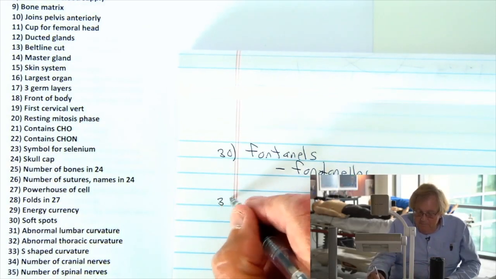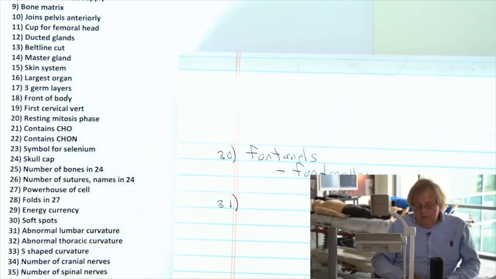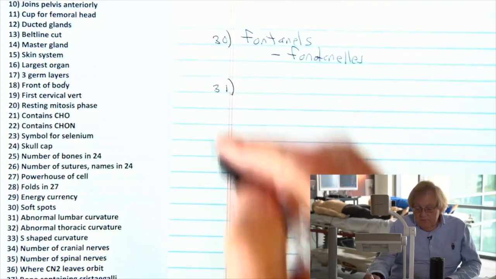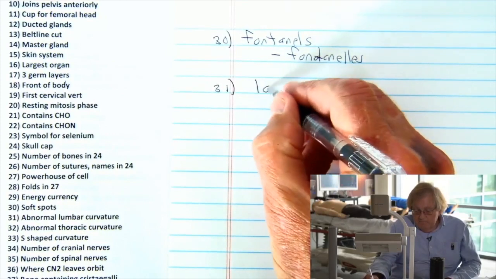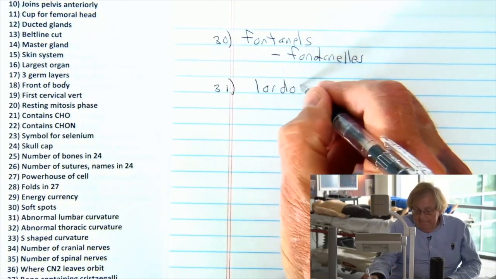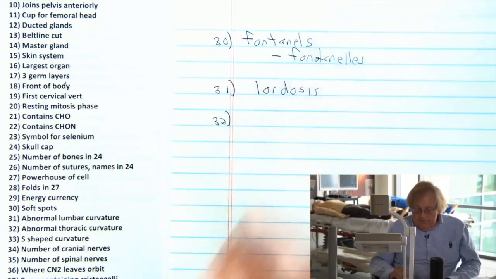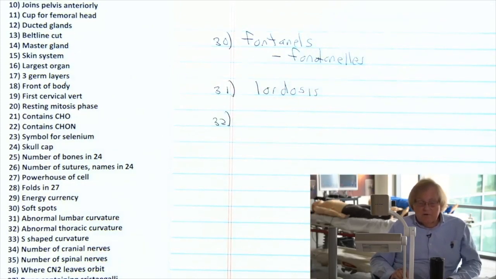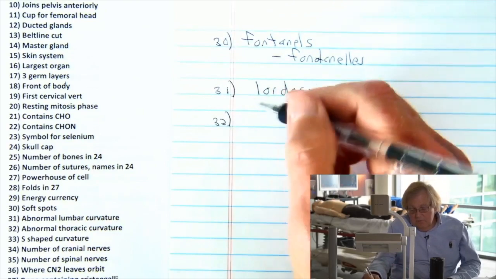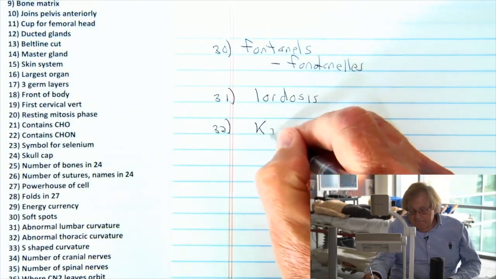31, abnormal lumbar curvature. Just think L stands for lordosis. 32 says abnormal thoracic curvature. That's going to be the word kyphosis.